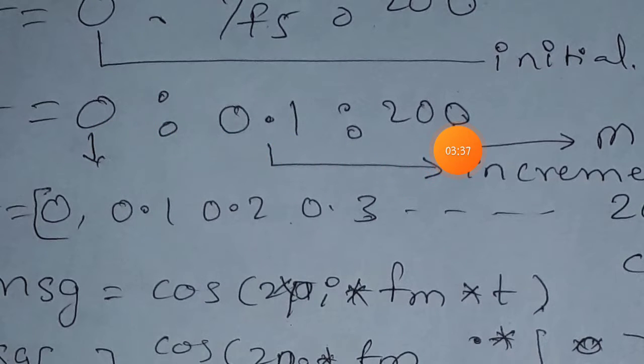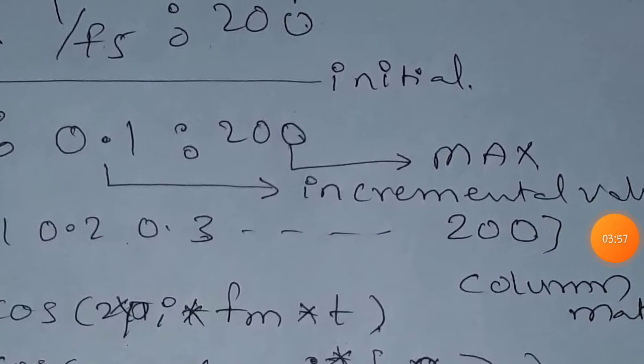So it creates a column matrix. So what are the elements? The first element is 0, the next element is 0.1. The increment is 0.1: add 0.1, it becomes 0.2, add 0.1, it becomes 0.3, 0.4, 0.5, like this, and so on up to 200. Now we got a column matrix T.